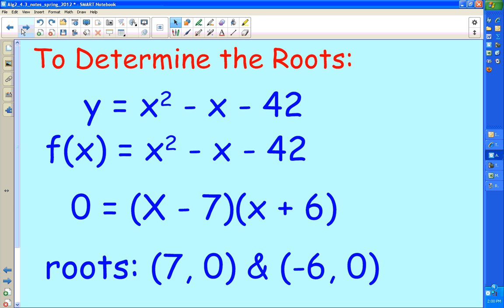The function notation usually refers to the name of the function, in this case f, which probably means nothing. The variable in question is x. When you plug in an x value, you get an f of x value. Your ordered pairs are x, comma, f of x, not x, comma, y. Regardless, you plug in 0 for either y or f of x when you're trying to find the roots. So your roots are 7, 0, and -6, 0, which you guys already determined.